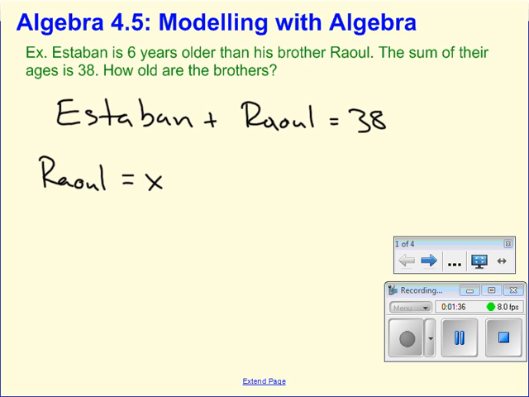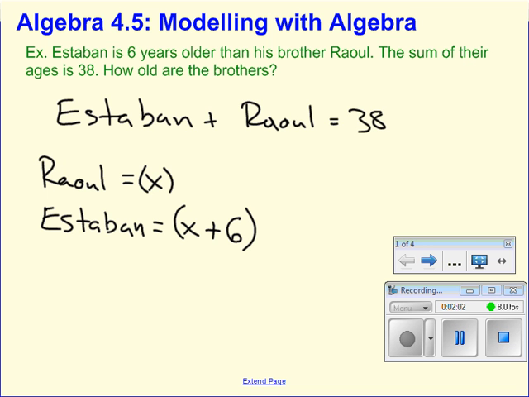I can say that Esteban is X, or Raul, plus another 6 years. So that I've defined these two, Raul and Esteban, as mathematical terms, I can then put them into the equation and solve for the unknown variable x, which is Raul's age.